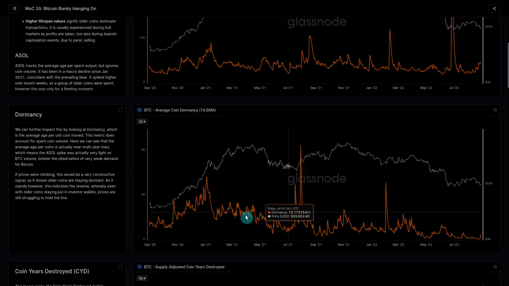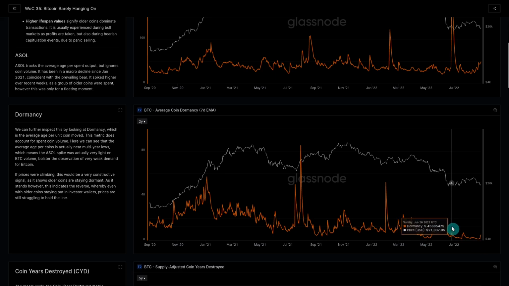Now, as I mentioned before, higher values you can see here in the bull market, dormancy tends to spike during bulls, profit taking, older coins coming back to life. Note that really since January 2021, which was really where we had the height of a lot of the excitement, and then we had this kind of slow topping pattern through to April and May, note how dormancy over this period of time has more or less been in structural decline.